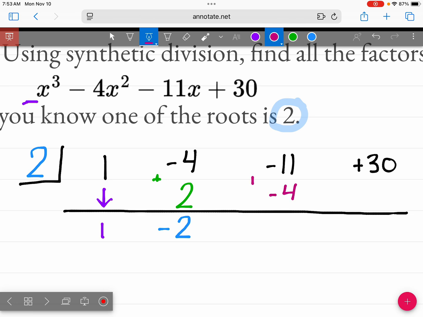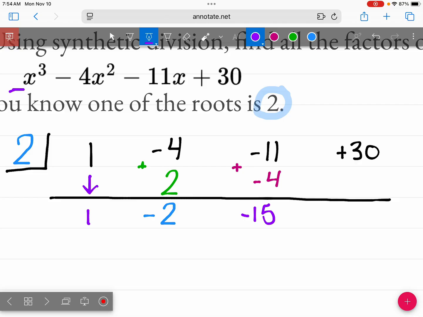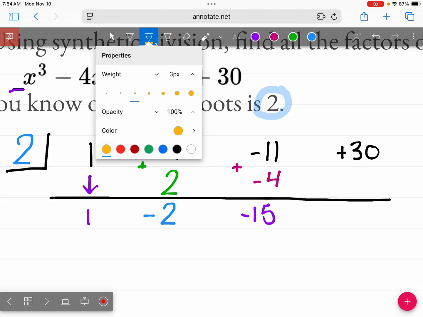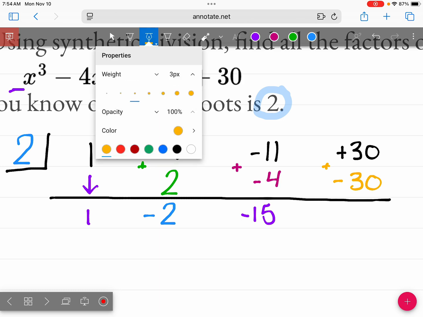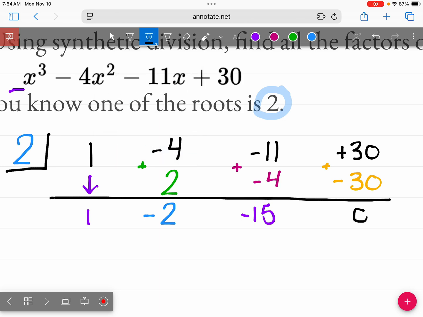And then we add. Negative 11 plus negative 4 gives us a negative 15. And negative 15 times 2 gives us a negative 30. And when we add there, we get 0.